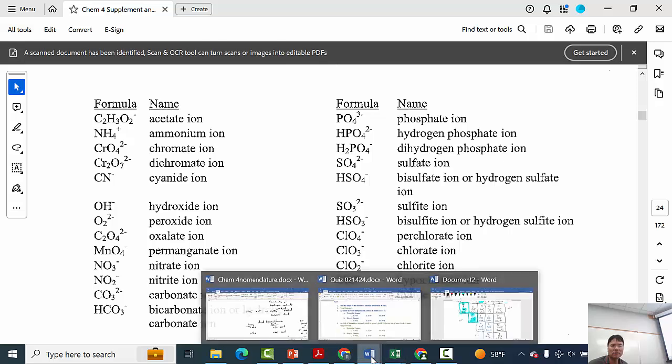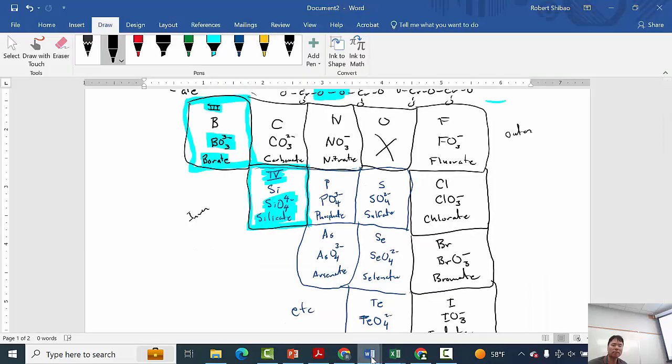So oxalate is C2O4 2-. C2O4 2-. This will be oxalate. Oxalate, the structural formula is OOCCOO, and there's a negative and a negative on each end. And so we could say that, or this. Oxalate's on the chart on the right side of the chart, top right. There's oxalate ion.